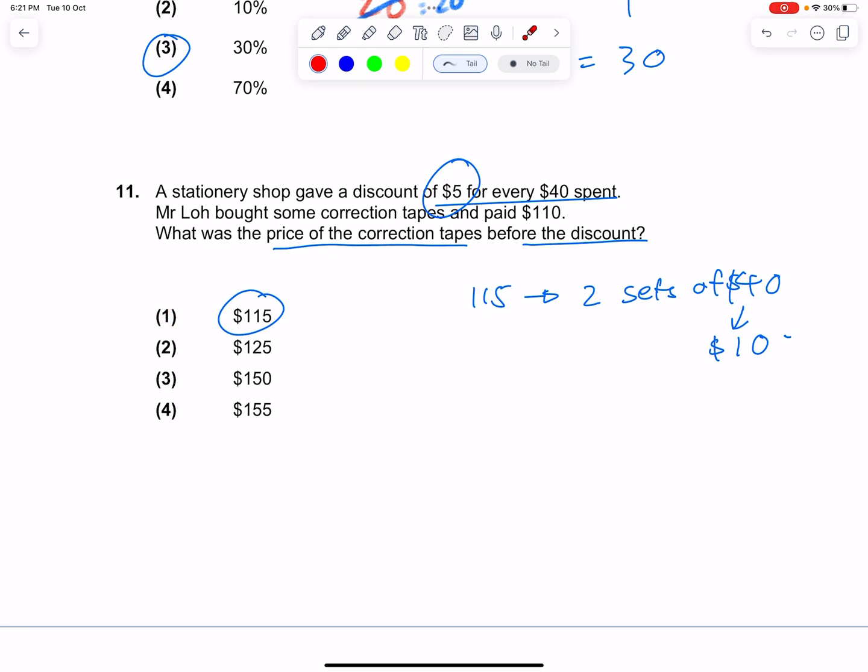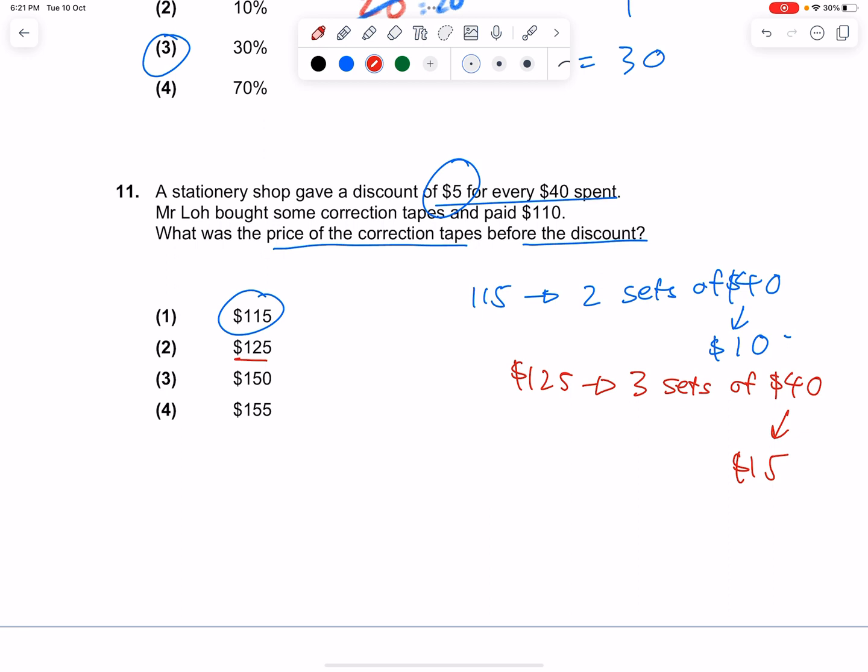Then we take a look at the second answer now. 125. Now in 125, we know that there are 3 sets of $40, right? Because 3 times 40 is 120. And 3 sets of $40 give us a discount of $15, because every $40 is $5. So 3 times 5 will give us 15.